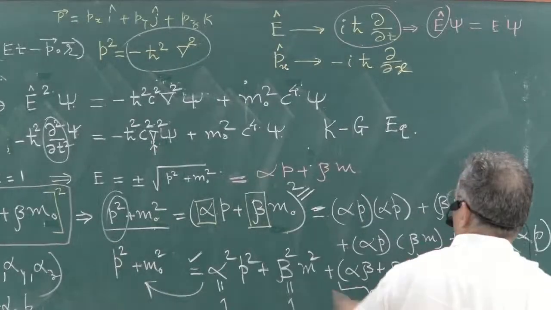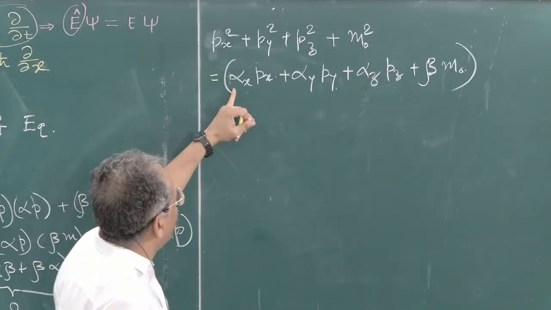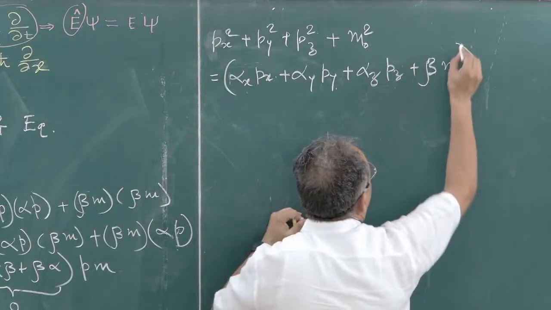So instead of alpha and beta, we have four factors: alpha x, alpha y, alpha z, and beta.